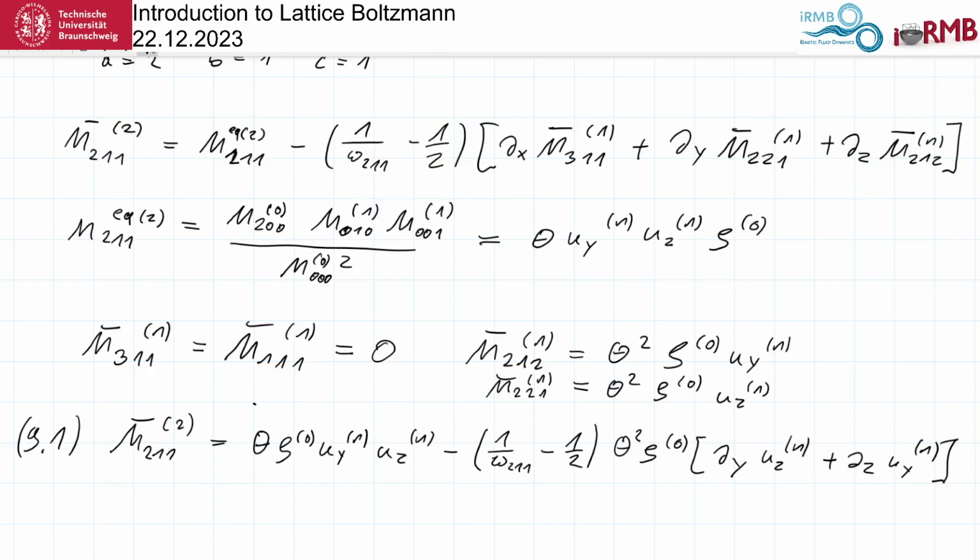Now the interesting thing is, this is a first order moment that is specific to the three-dimensional case, because all the three indices are different from 0. So we cannot investigate this case in a two-dimensional problem. So if this makes any trouble, then this trouble will not show up in a two-dimensional simulation, and it doesn't.